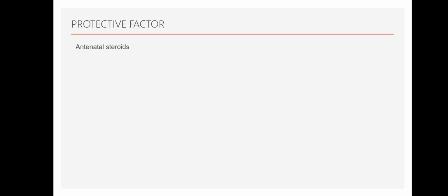And I think these two things are important in terms of preventing RDS in premature babies, which usually causes a lot of problems in premature infants because they may need to be ventilated, and with ventilation there could be gas problems, like there could be acidosis, there could be hypercapnia, and there could be hypoxia with the RDS. So all these things lead to a fluctuation in cerebral blood flow and eventually lead to intraventricular hemorrhages.